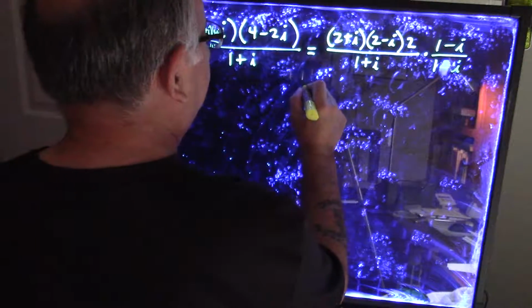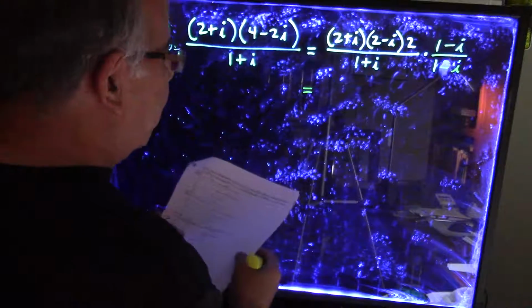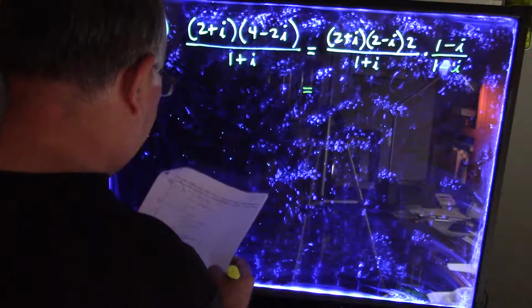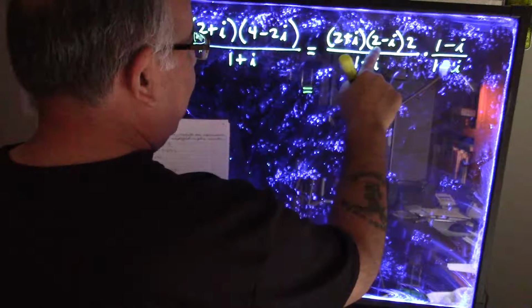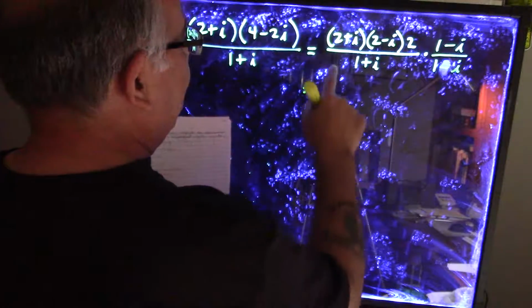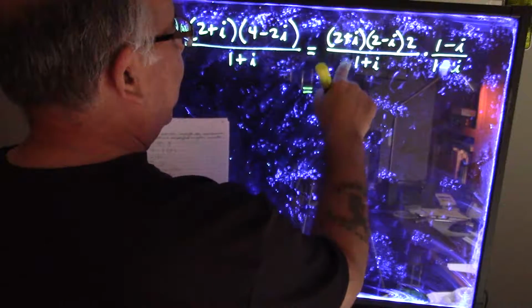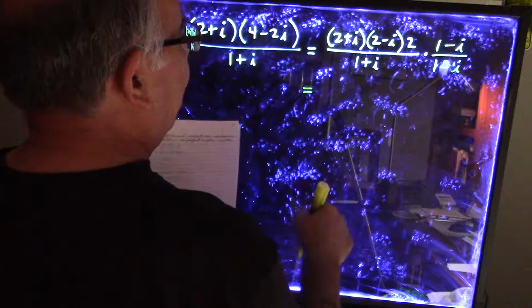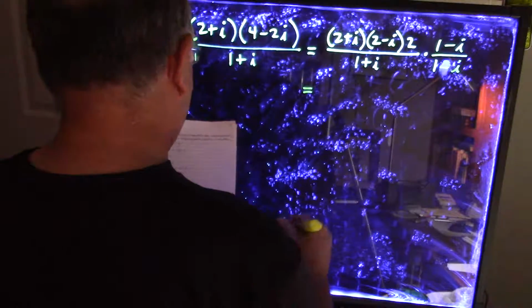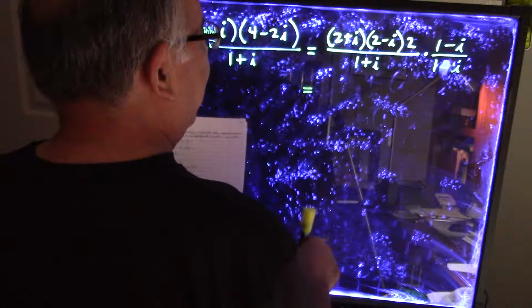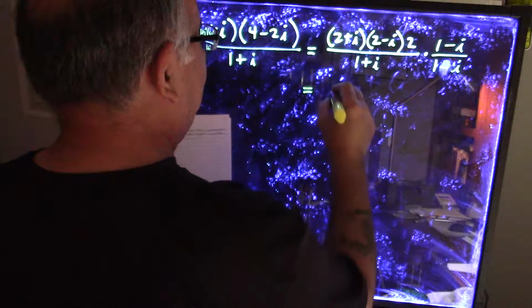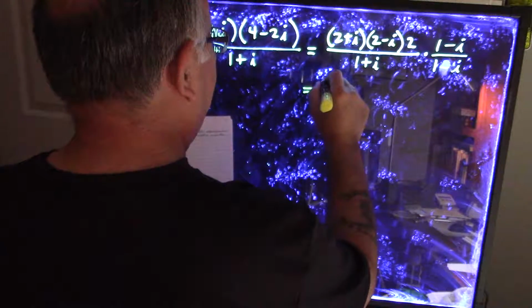Alright. So what we have then is 2 plus i times 2 minus i, a squared minus b squared, 2 squared minus i squared, or 4 plus 1, right? Because minus an i squared is minus a minus 1, which is plus 1. So you get 4 plus 1.